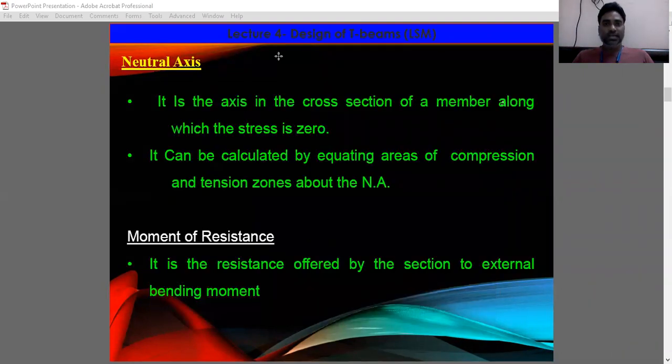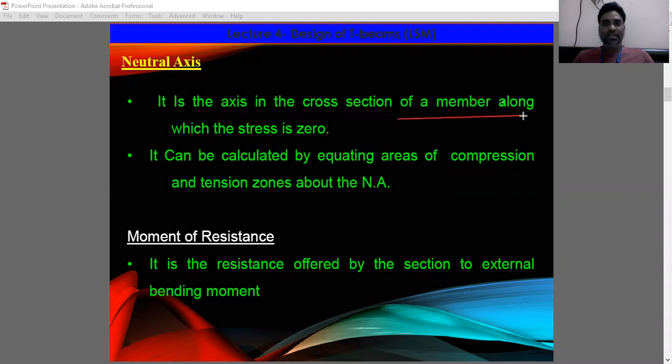So what is meant by neutral axis? The definition is the same as what we discussed in the singly reinforced beam. The neutral axis is an axis passing across the section of a member along which the stresses are zero.